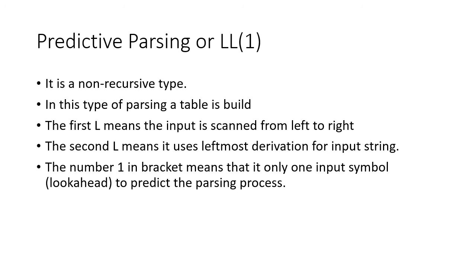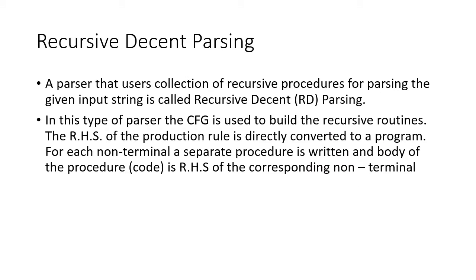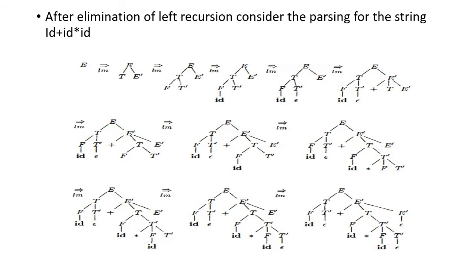Leftmost derivation means, if you see the diagram, it always goes from the left side to the right. T goes to F T dash, then F again, finish everything from the left, then proceed towards the right. That's what is called a leftmost derivation. Here you can also notice it's written as LM, LM, LM. That is leftmost derivation.